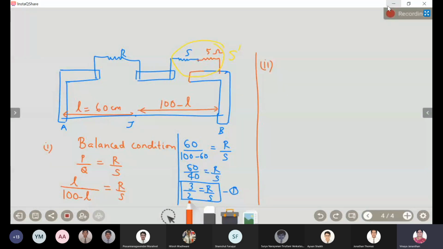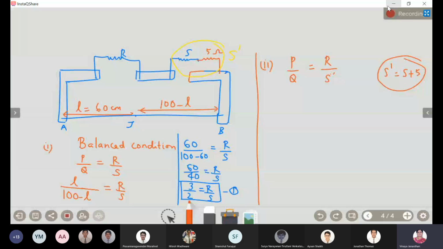Now what will be your balancing condition? P by Q must be equal to R by S dash. S dash is equal to S plus 5, a combination of the two resistors.